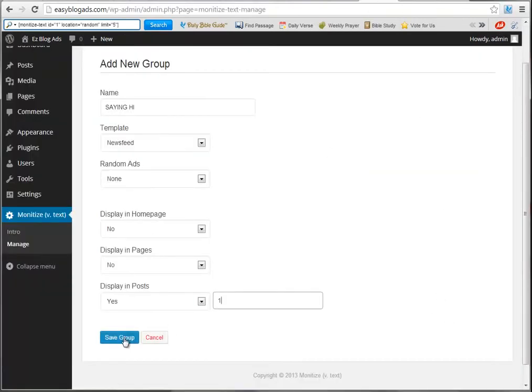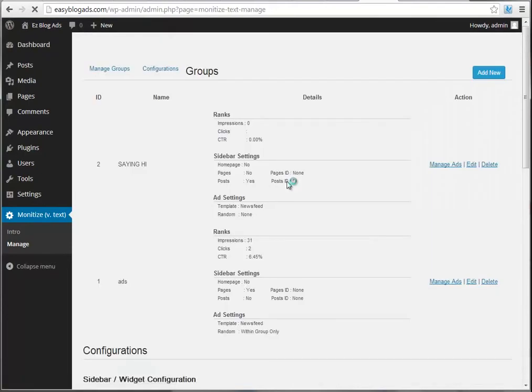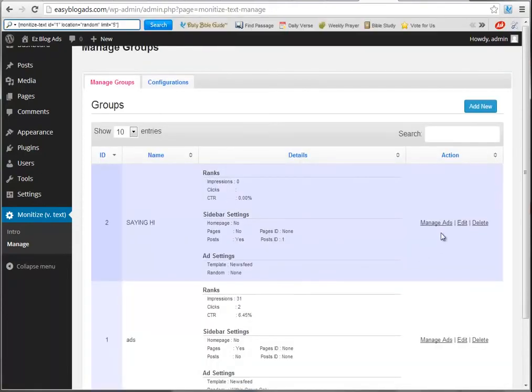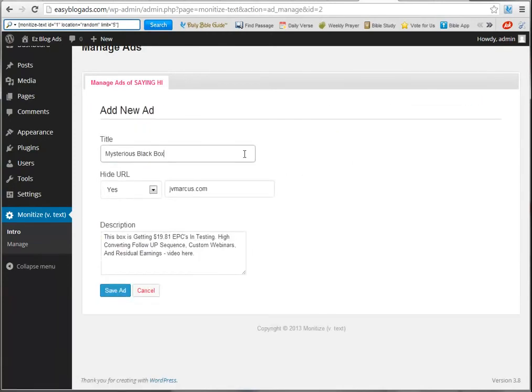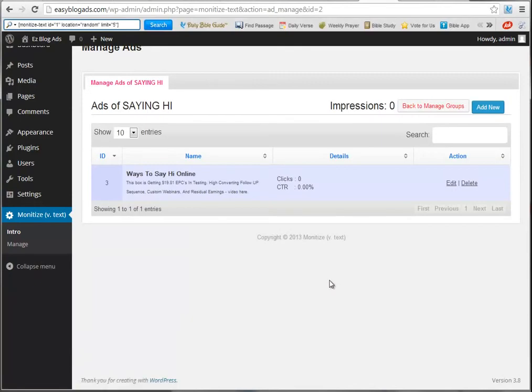All right, and we go in, we hit Save Group, and then we say Manage Ads, Add New, and you say, ways to say hi online. You put your URL in there, you put your text in here like this, okay? You hit save.